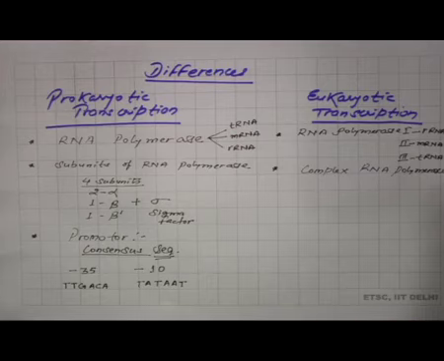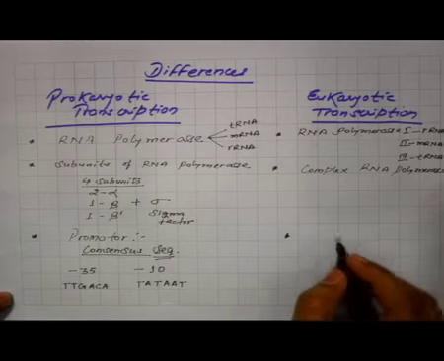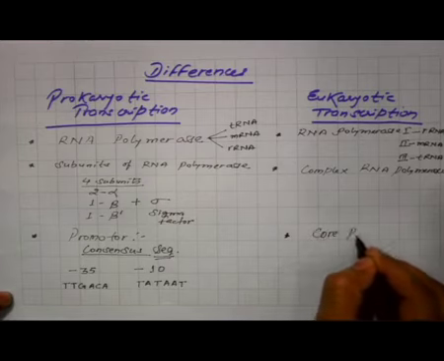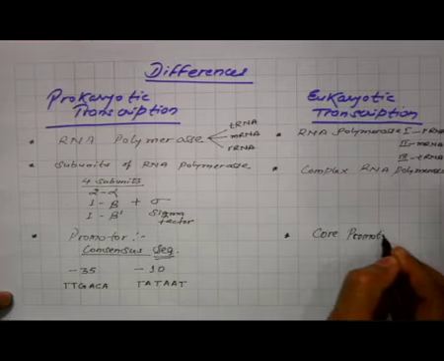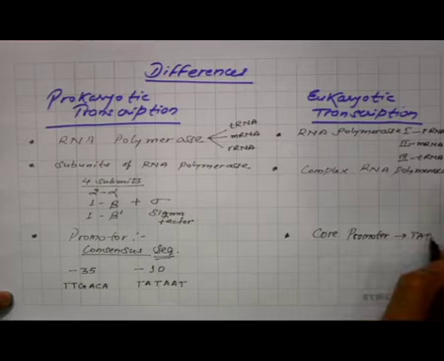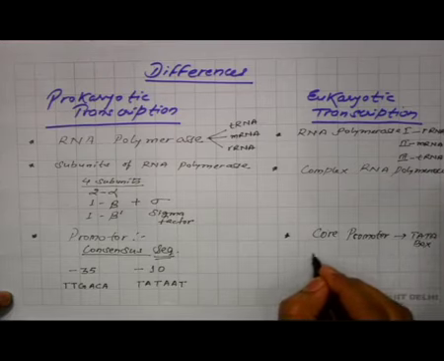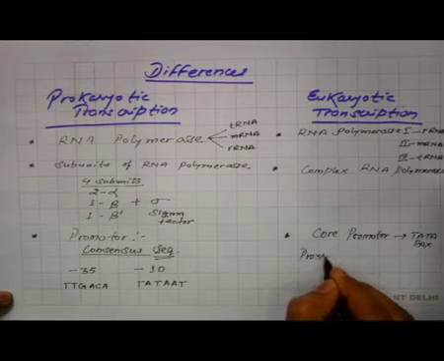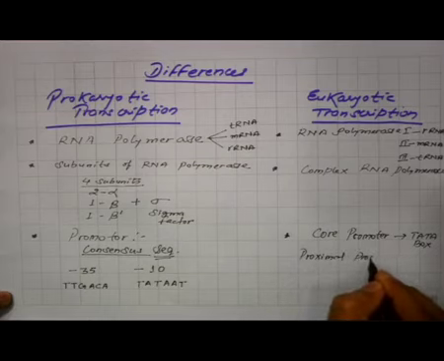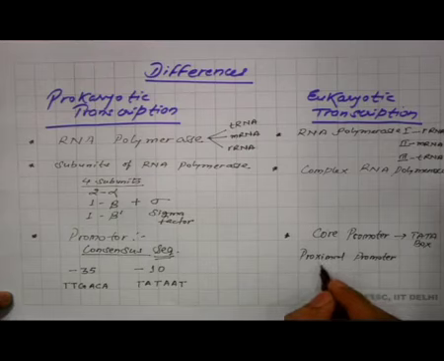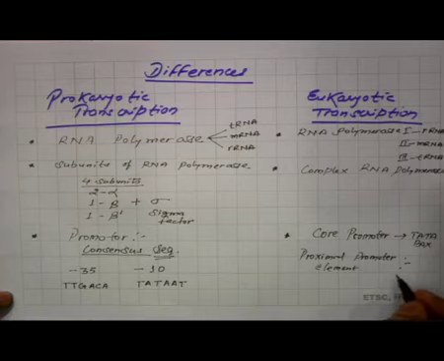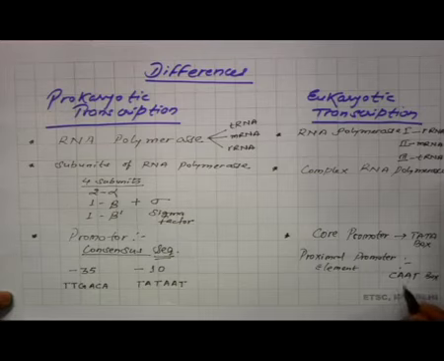While in case of eukaryotes, eukaryotes have 2 different promoter sequences: one is the core promoter, which has the TATA box, and another is the proximal promoter element, which has 2 consensus sequences, that is the CAAT box, which is also known as the CAT box, and the GC box.